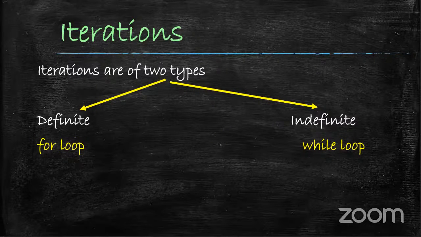A definite loop is one where the number of times the loop will be executed is already defined. An indefinite loop is one where the number of iterations is not defined in the program. Definite loops are basically called for loops, and indefinite loops are called while loops. So there are two types of loops in Python, for loop and while loop.